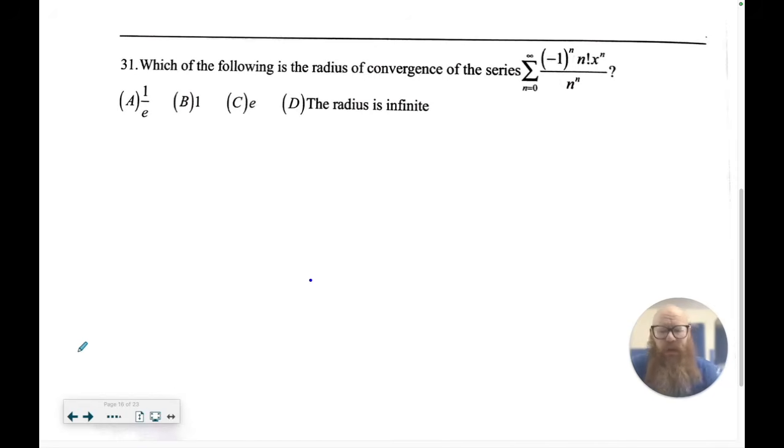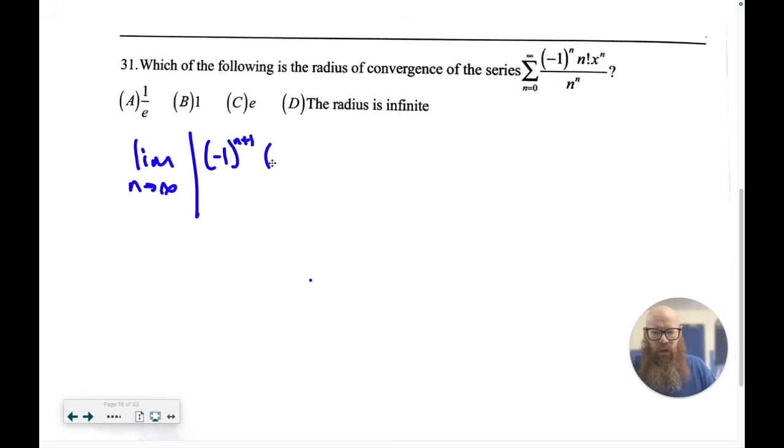So we take a look at number 31, and the way that I'm going to do this one is I'm going to start with the ratio test. The way the ratio test works is if I take the limit as n goes to infinity of the absolute value of a sub n plus 1, so I get -1 to the n plus 1, and then n plus 1 factorial, and then x to the n plus 1, all over n plus 1 to the n plus 1.